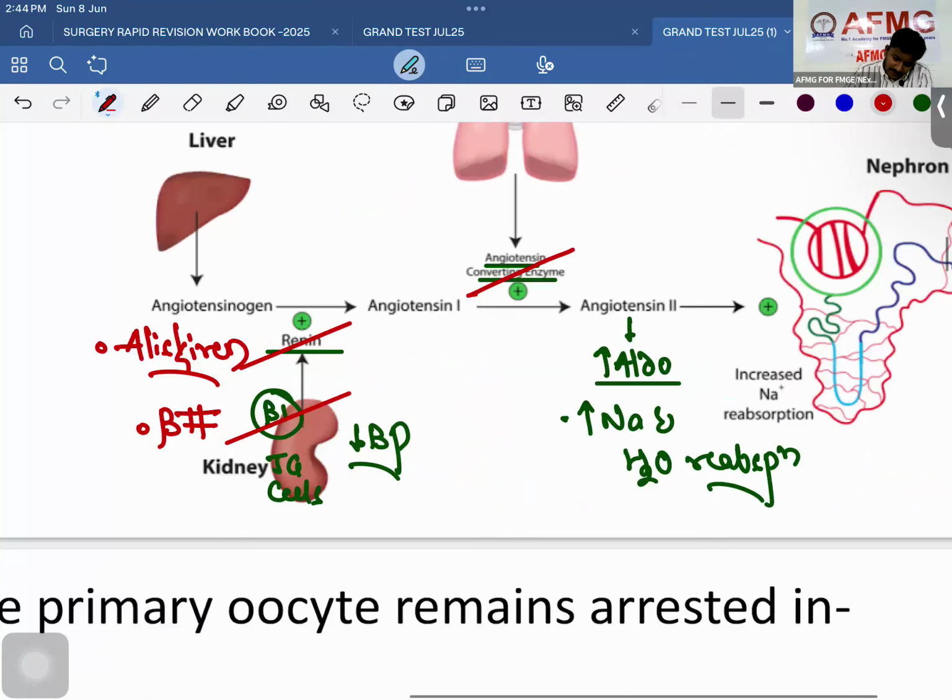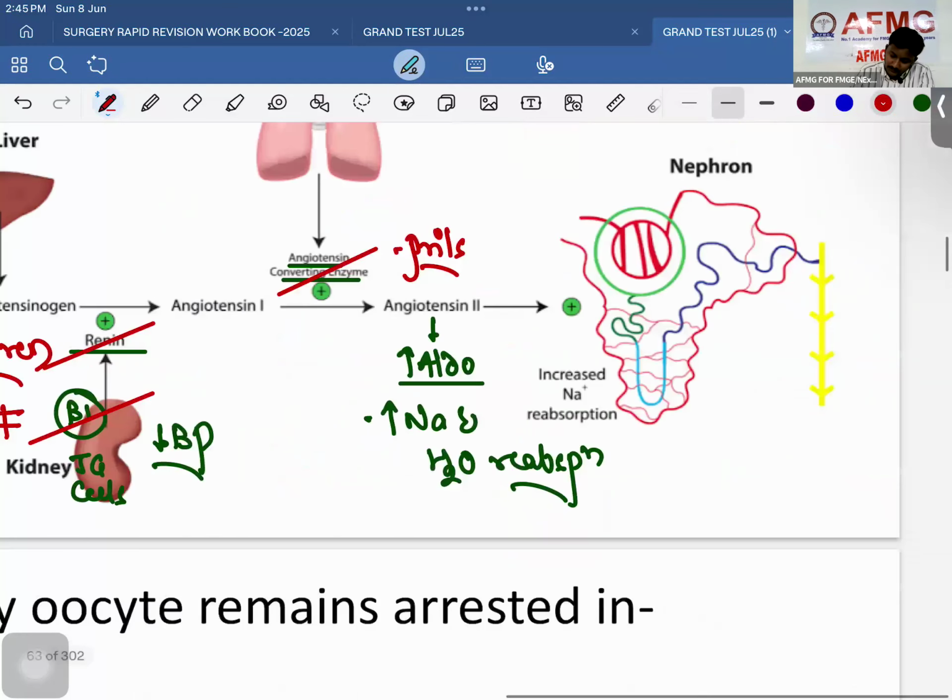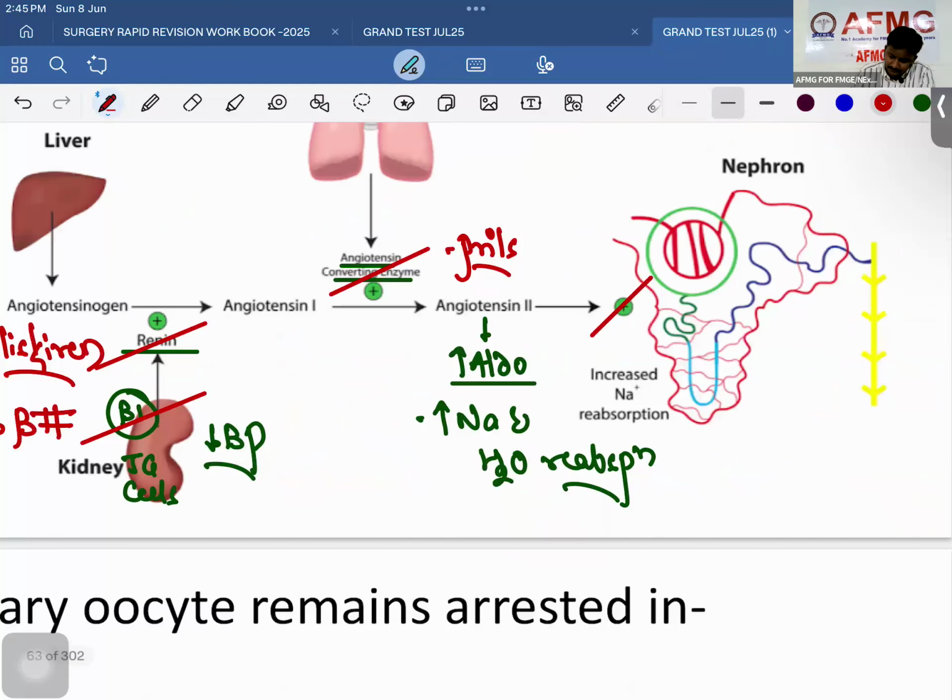Next, which are the ACE inhibitors, beta? All your pril group of drugs, that is captopril, lisinopril, all these prils will be the ACE inhibitors. Which drugs will act at this site? The ARBs, that is angiotensin receptor blockers, the drugs known as sartans, like valsartan, losartan; they are going to block the angiotensin receptors.